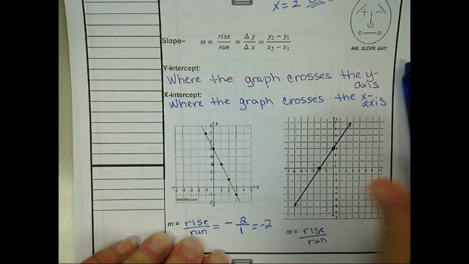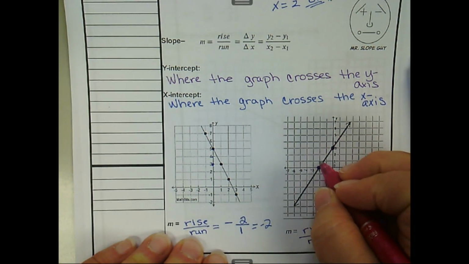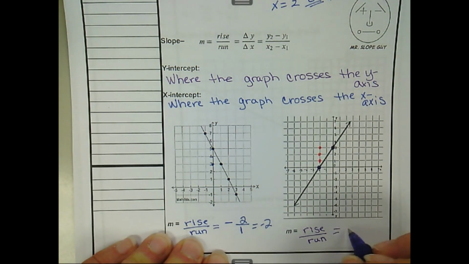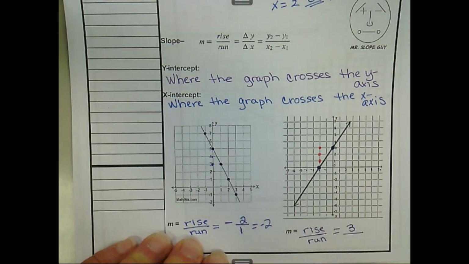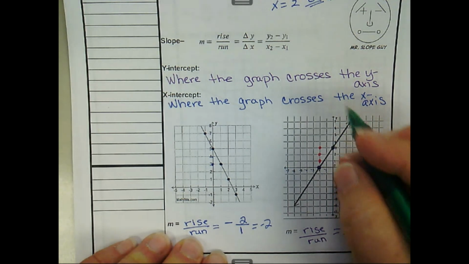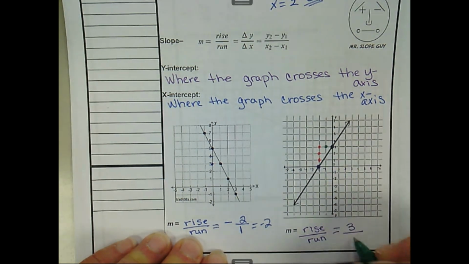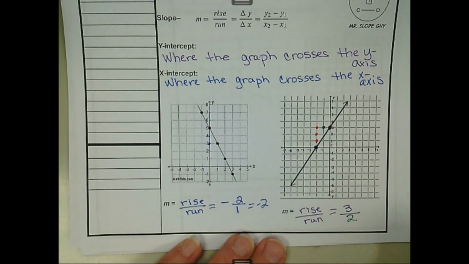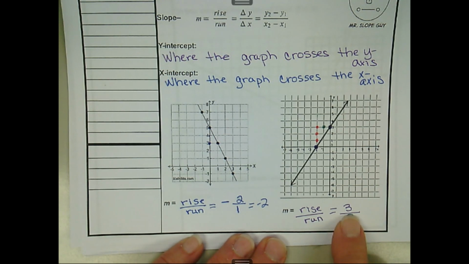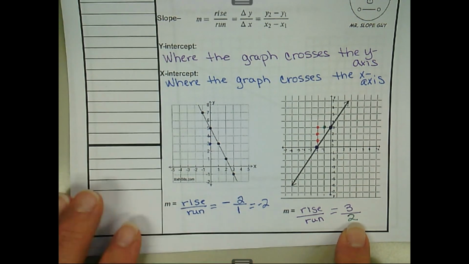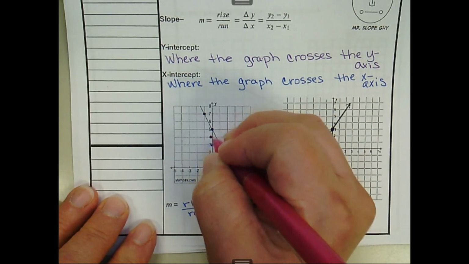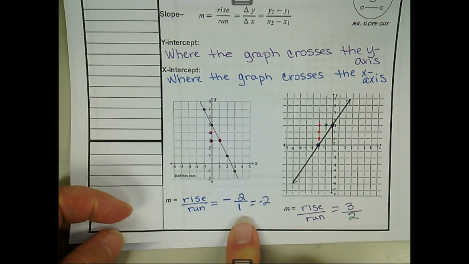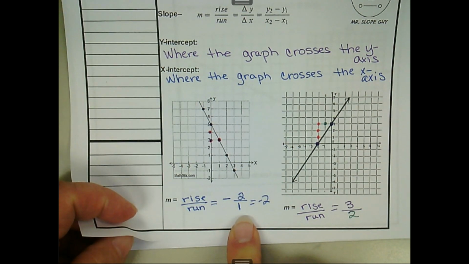So now I've got to count up 1, 2, 3. I count to the right 1, 2. And that is my slope, positive 3/2. I go up 3, I go right 2. This one I went down 2 and right 1. We're counting all the time. Rise is up or down, run is to the right.